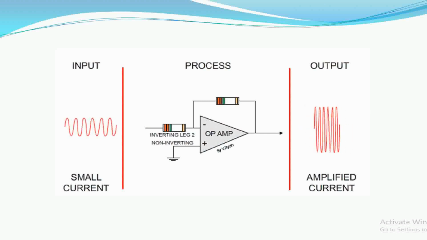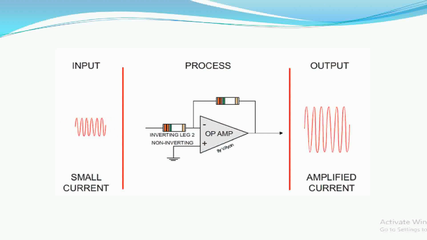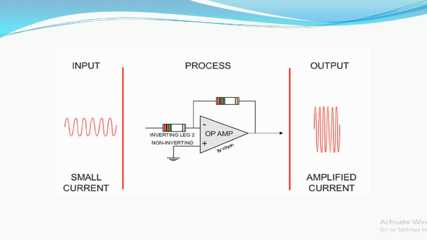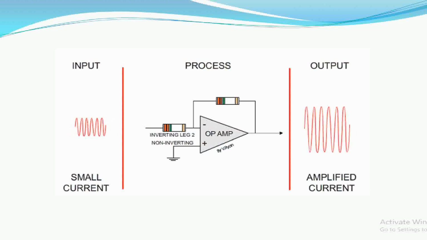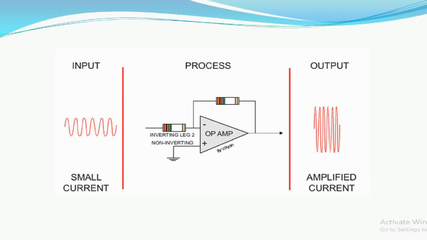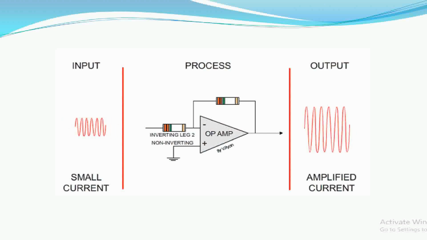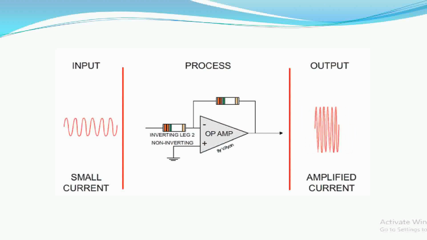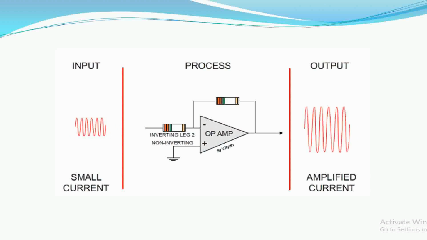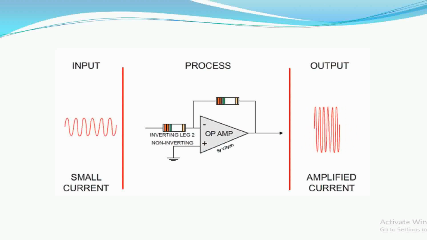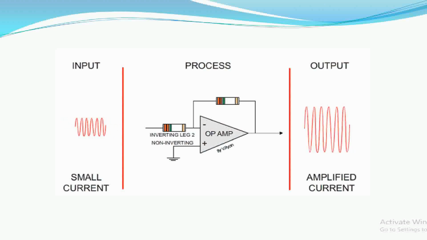But if you compare the shape of the signal, the shape remains constant. That is a very important point. In the op-amp, it alters only the magnitude, not its shape. By doing some mathematical operations, it does this amplification.